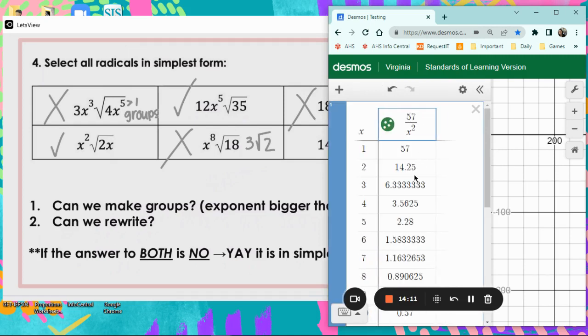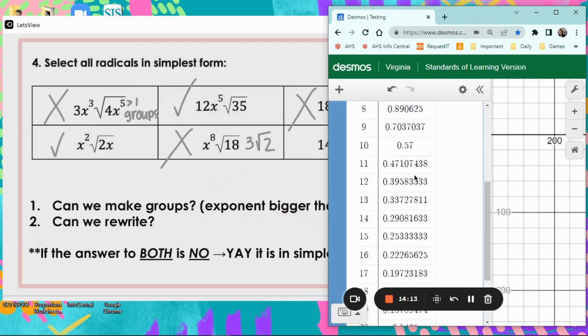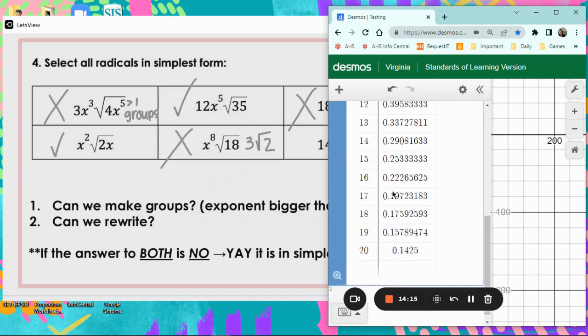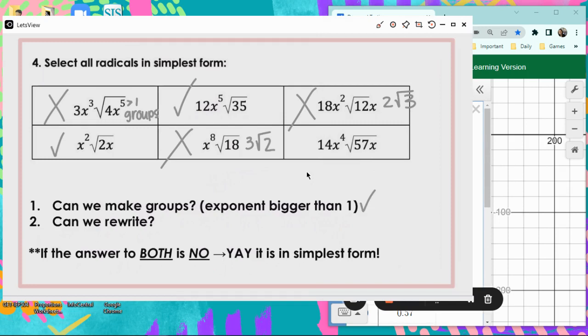Let's check. And wow, decimal central. Can't rewrite it, so it is simplified. So our 3 answers are these 3 radicals right here. Okay, we want the answer to both of these questions to be a no.